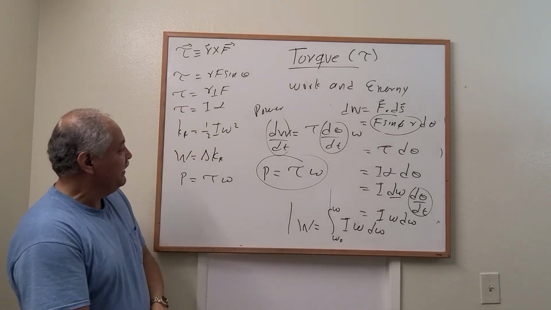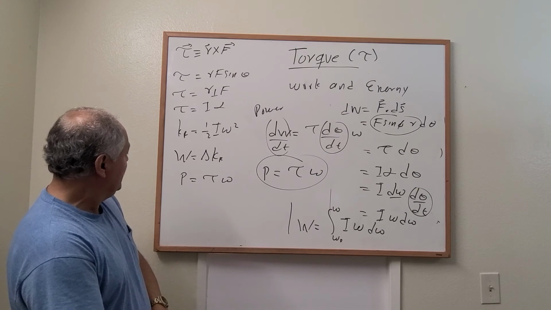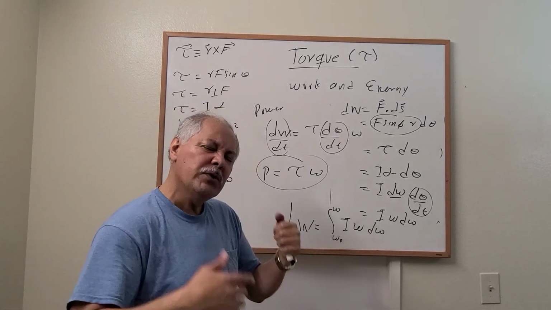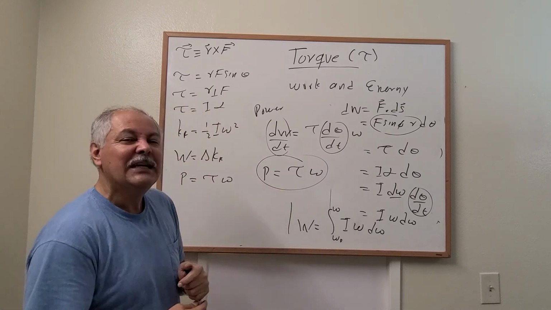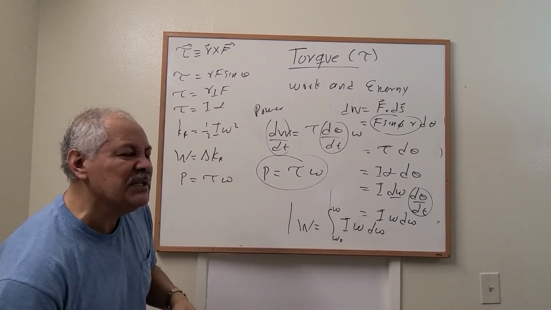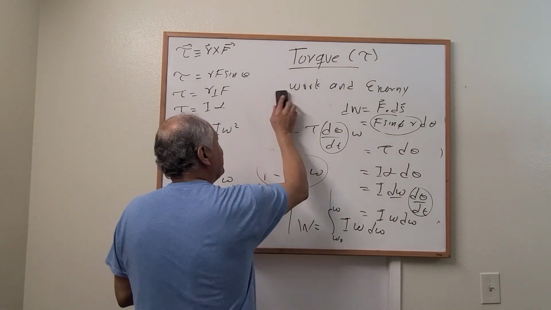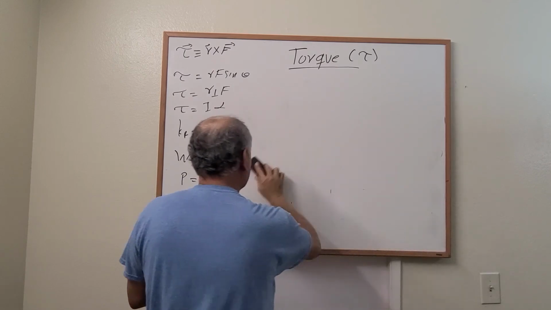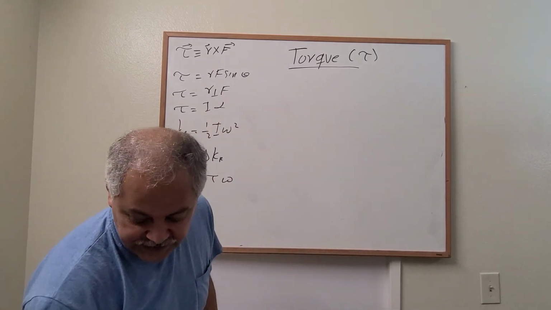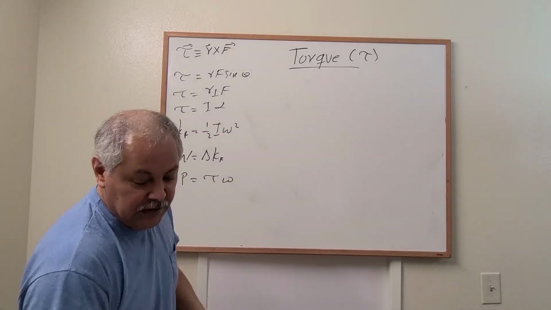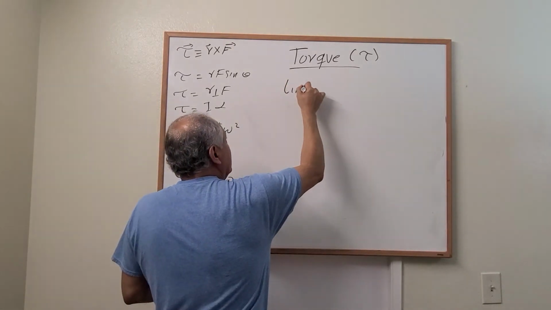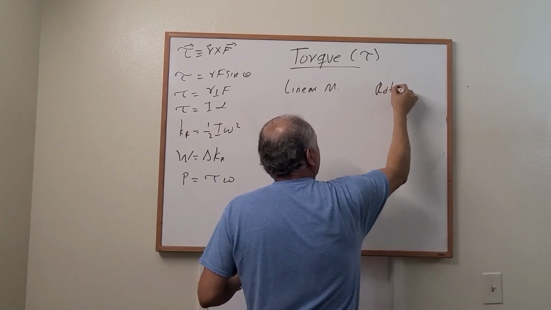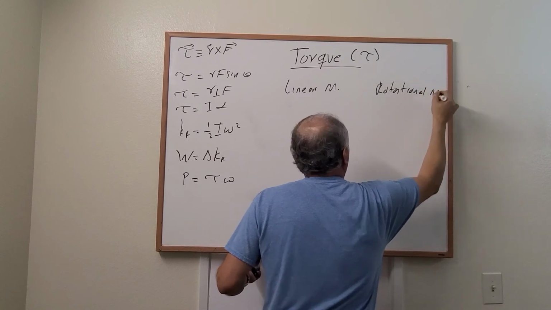Correct? Perfect. As you can see, these rotational quantities are very closely related, or they have the same form as the linear quantities. Let's match these two and see what happens. We have the linear motion and the rotational motion.